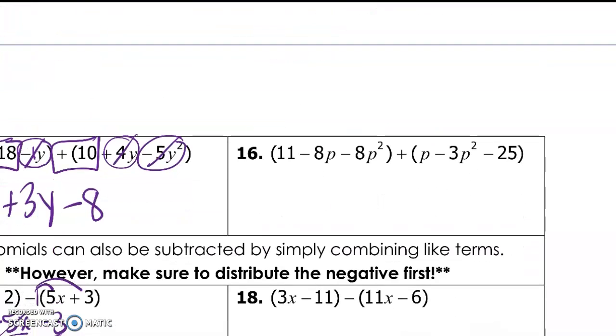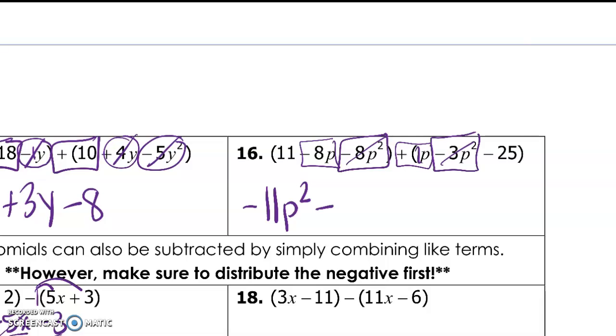And 16, negative 8p squared minus 3p squared, negative 11p squared. Negative 8p plus 1p would be negative 7p. And then 11 minus 25 would be minus 14.